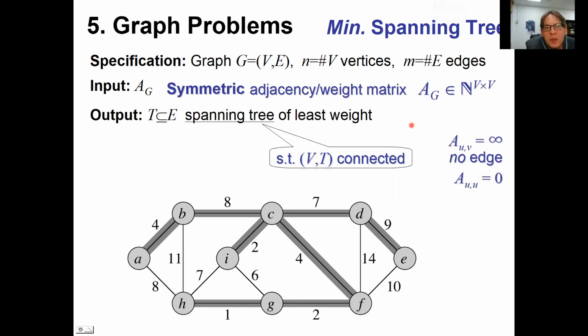So why can we drop that condition of being acyclic for minimal spanning connected graphs? Well, because if a minimal connected spanning subgraph has a cycle, then we can simply drop one edge of that cycle and still have a spanning connected subgraph, right?